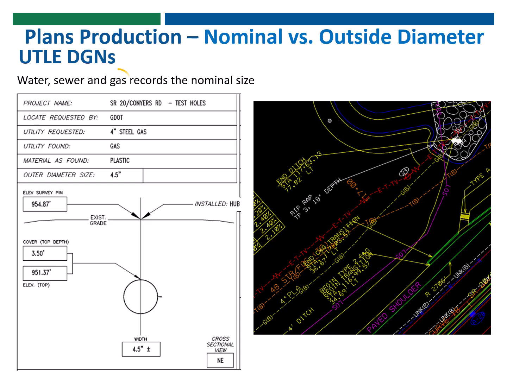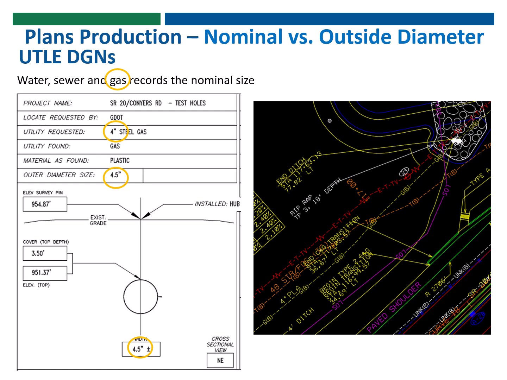The next example is a gas test hole. Normally on the gas records, the nominal size is provided. In this case, they were looking for a 4-inch steel gas main. They found a 4.5-inch plastic gas main.